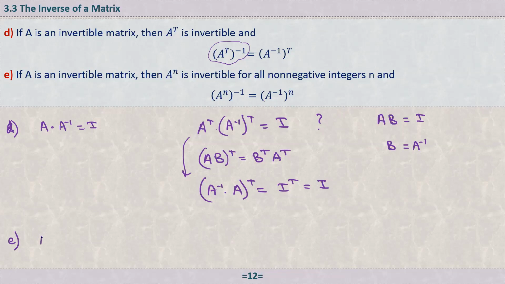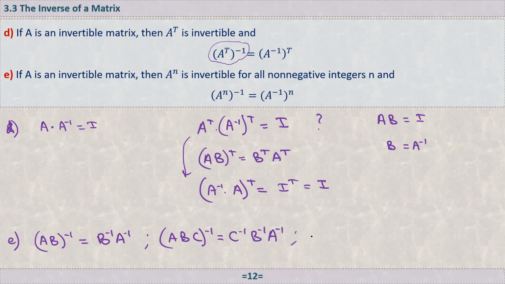In part C, we already proved that (AB) inverse is equal to B inverse A inverse, right? And in a similar way, if we have ABC, then (ABC) inverse is equal to C inverse, B inverse, A inverse.